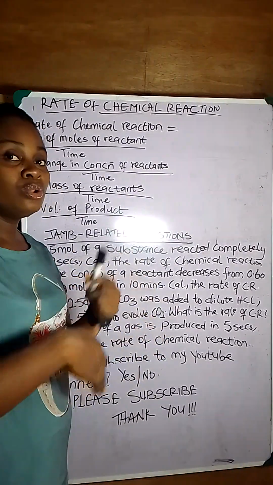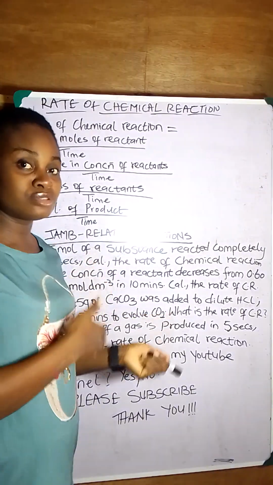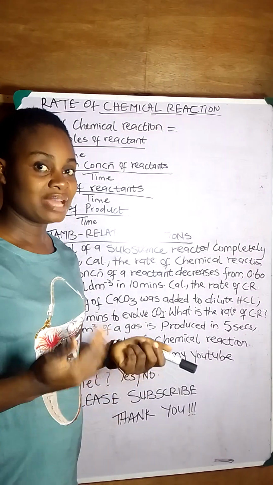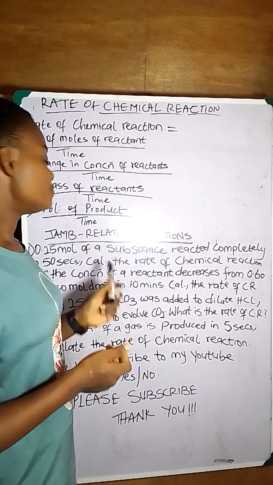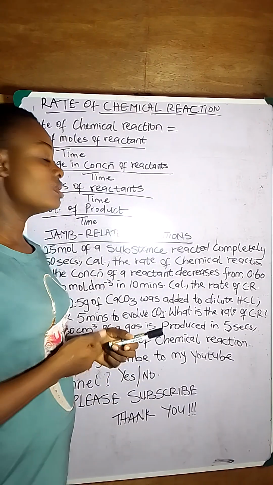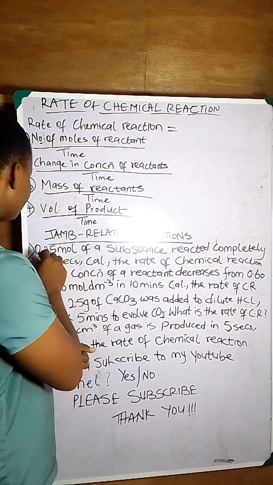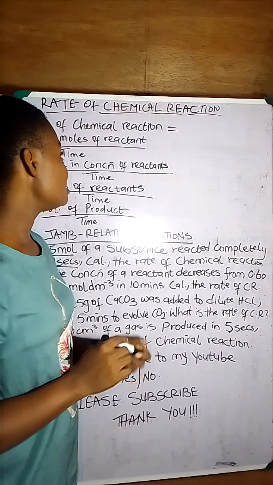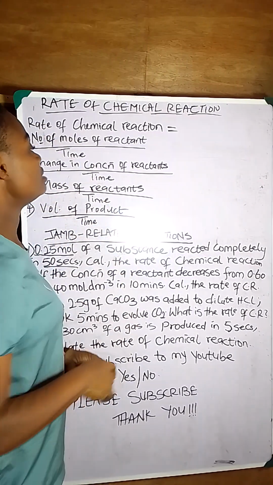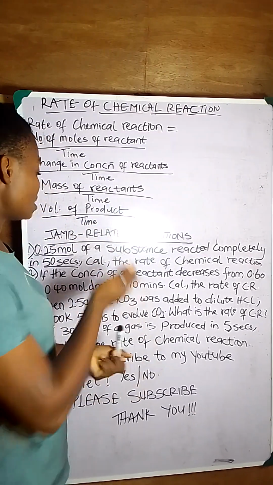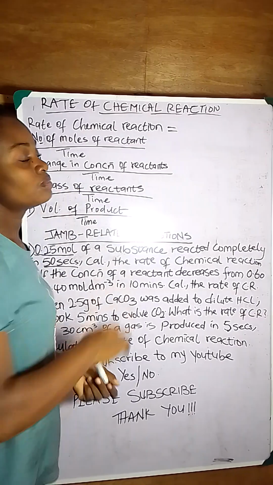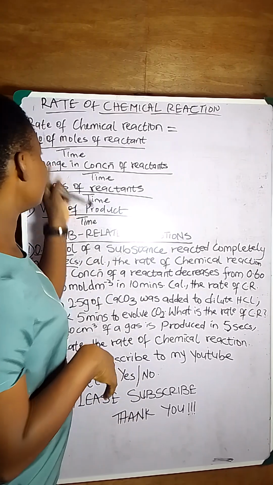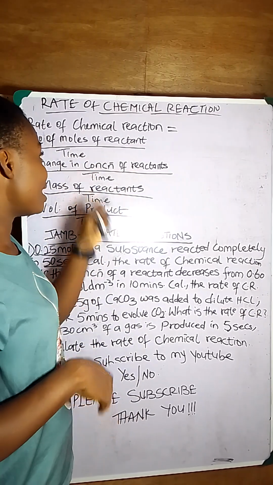So I'll go there, look at this formula, the one that best suits this question, I'll pick it up and solve the question. Now, from here, the variables that are given is the word moles, 0.25 mole, and the time. Now, from these given formulas, which one best suits this question? The formula of number 1, which is number of moles of reactant per time.